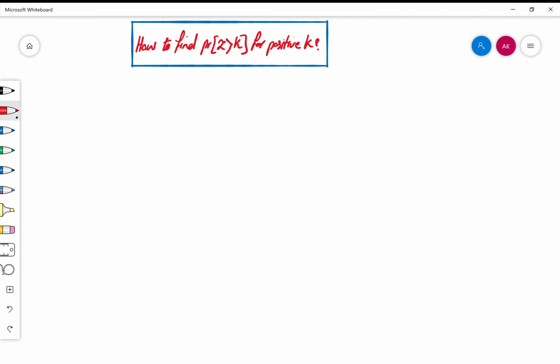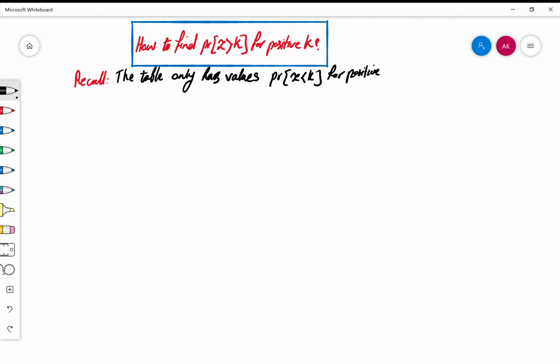So let's start by recalling that the table for the Z only has values of probability of Z less than k for the positive case.